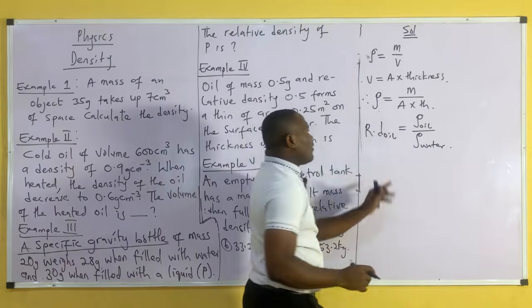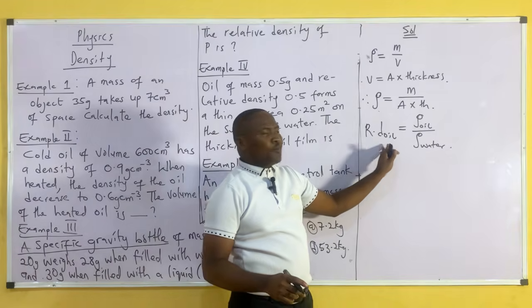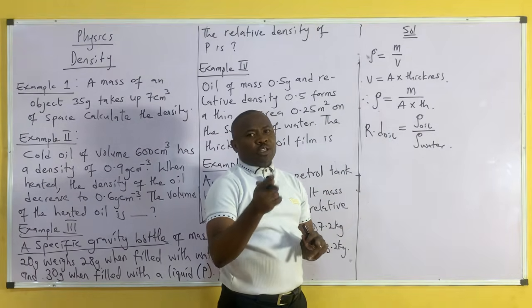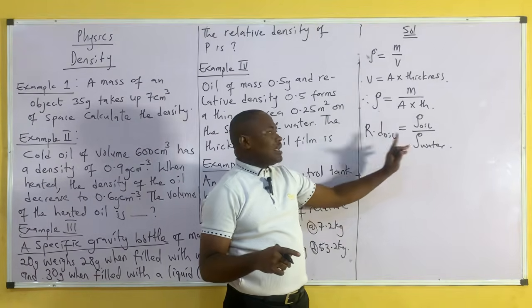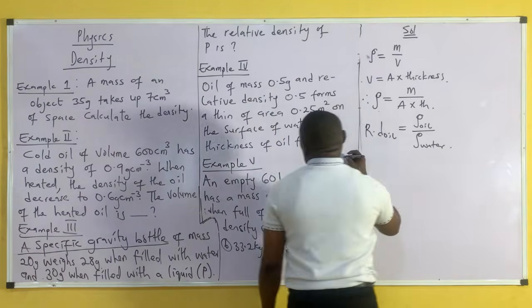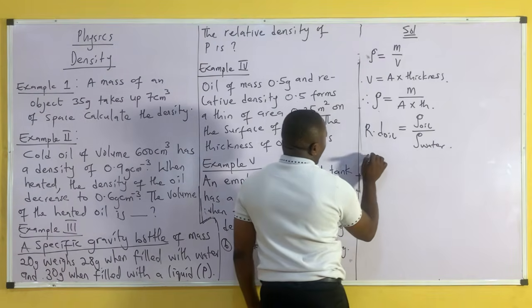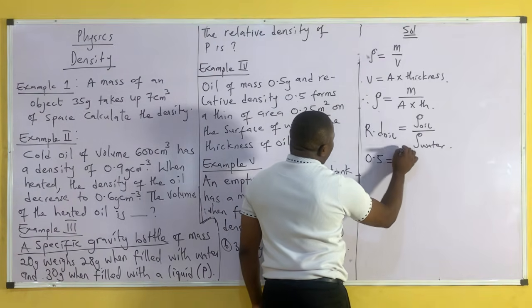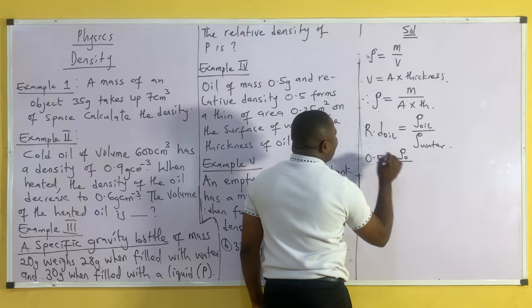This is a formula that relates the density of a liquid to the density of water in terms of the relative density of the liquid. So what's the relative density of oil? It is 0.5. So 0.5 is equal to the density of oil over the density of water.